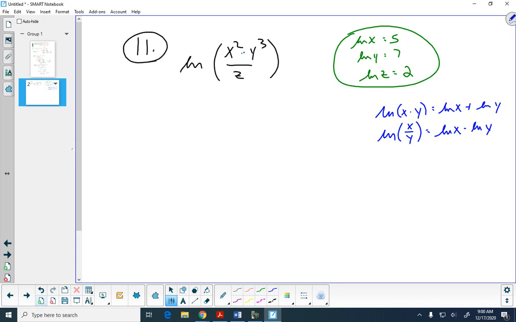So looking at, well, what if I just had ln of x squared times y cubed? If I have ln of x squared times y cubed, I can write them in their separate logarithms. So we have ln of, what do we have there, Brooke? What would that be?